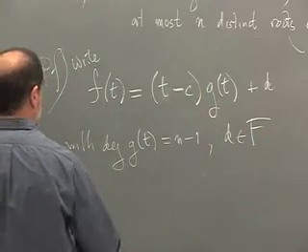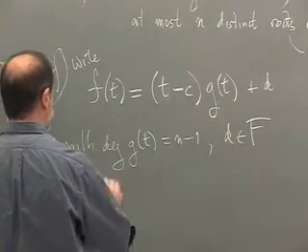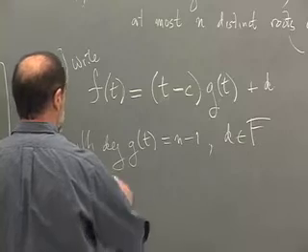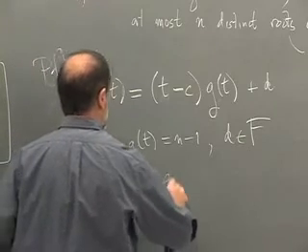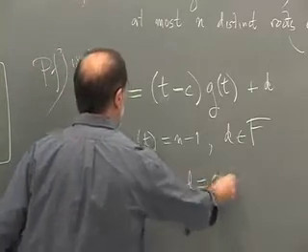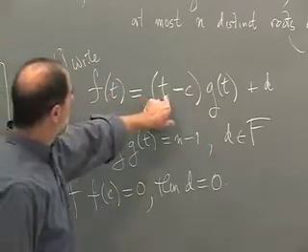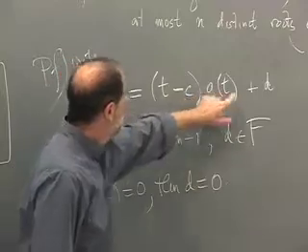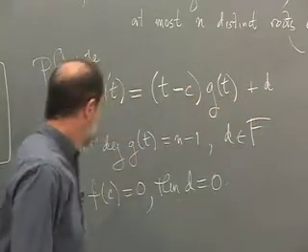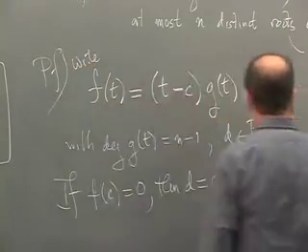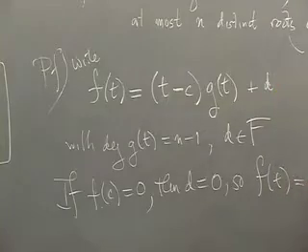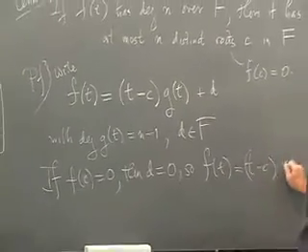If f of c is equal to 0, then d is equal to 0, because you just substitute c into this expression: f of c is 0, c minus c is certainly 0, so you're left with 0. So f of t is equal to t minus c times g of t.